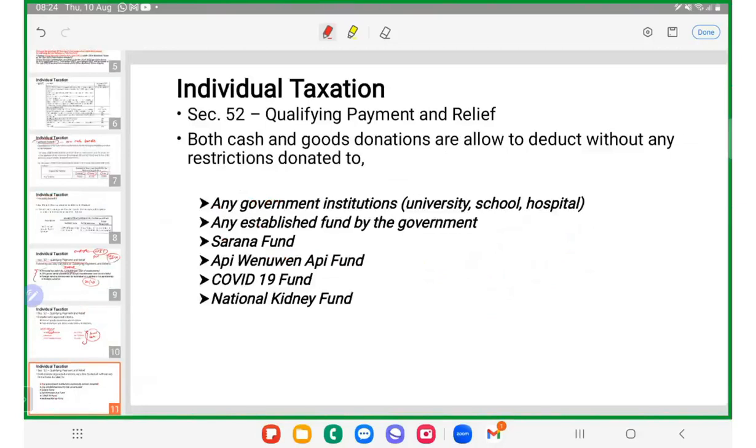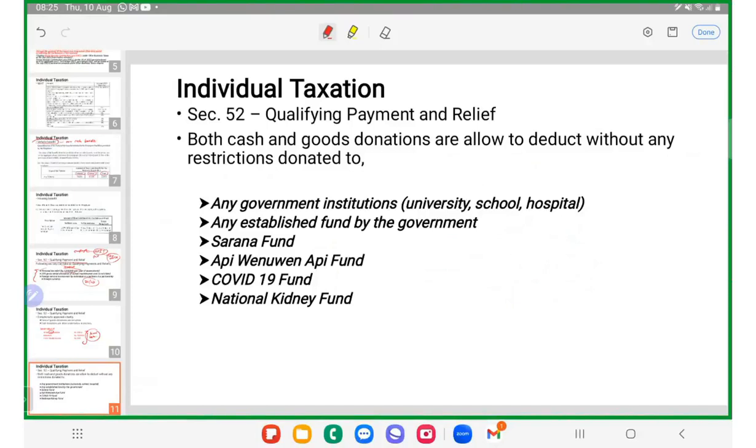The donation can be made to any government institute like a university, school, hospital, and other provincial councils, then the divisional secretaries or any fund established by the government, or sub political bodies like the divisional secretary or provincial council.